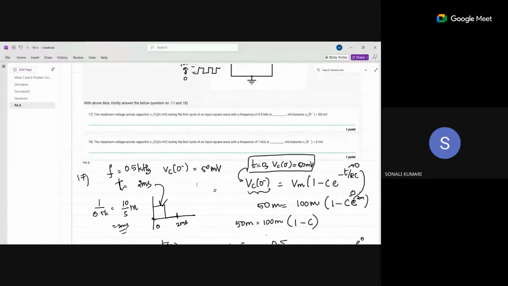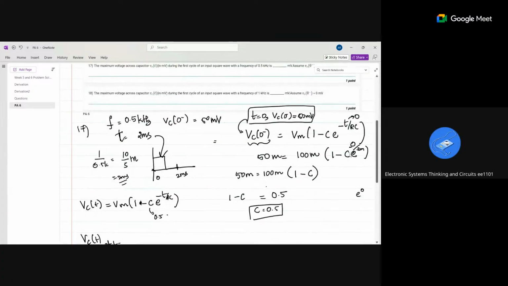So what happens if Vc is 0 initially? I will apply the condition at t is equal to 0, Vc of 0 is equal to 0. That condition I will apply and find out C. That I will get minus 1. It should be 1.